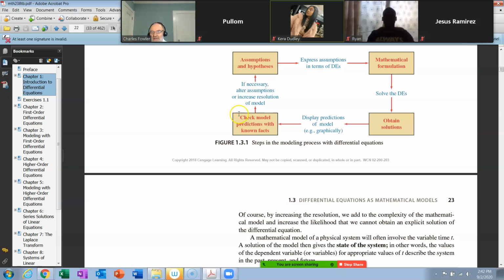What if they're not? Then you might want to alter some of your assumptions, increase the resolution of your model, throw a few more variables into it, or get more data. That's always a good thing. So that may change your assumptions or hypotheses, then see if that changes your differential equations, and keep going around and around the circle.